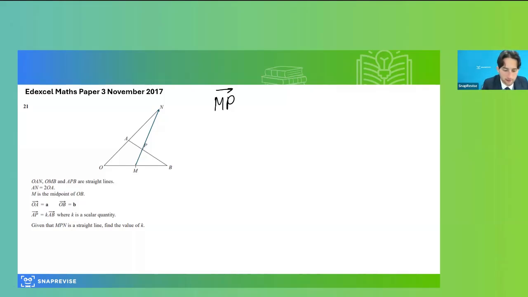But the point with this is we need to define this vector in two different ways, using all the different lines we've got. So one thing I would set up to start with is, could we define the vector M to N? Because I do know that MP is some stretch of M to N. So M to N, I know I could go like that.